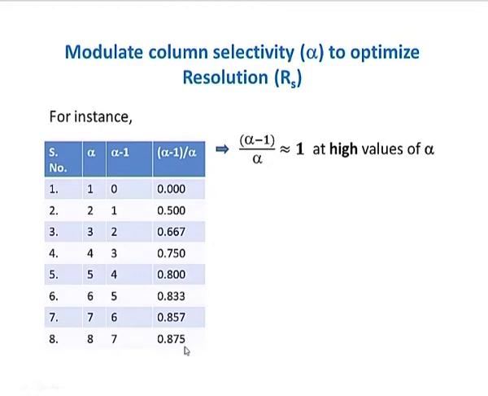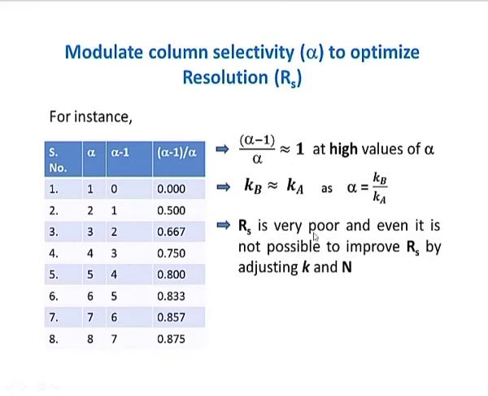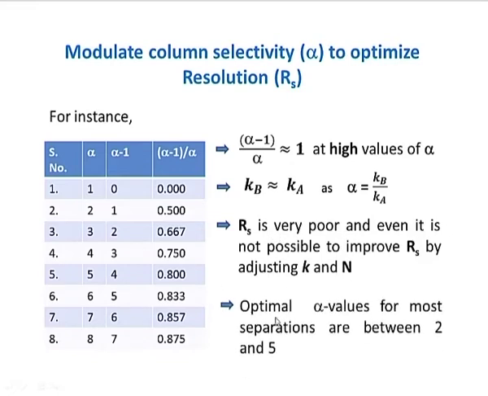It starts to approach unity, which means if it approaches unity, it would mean that at those values Kb would more or less become equal to Ka, and resolution will start to become very poor, even if you change the other two parameters. Hence, we must make sure that for optimal resolution, your value of selectivity should lie between 2 and 5.